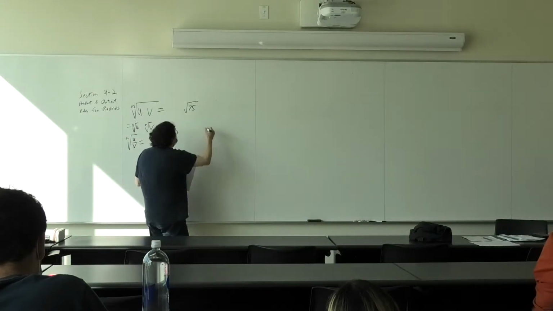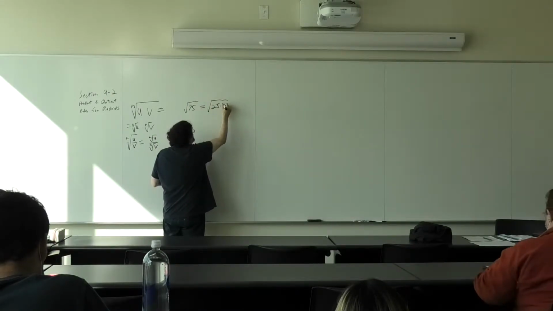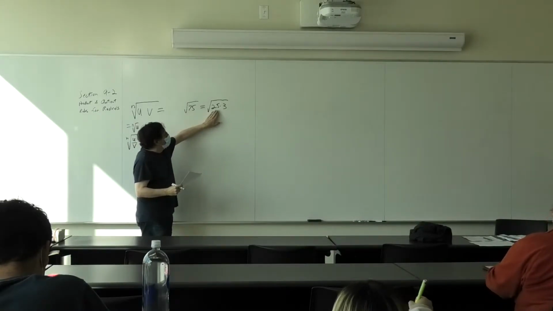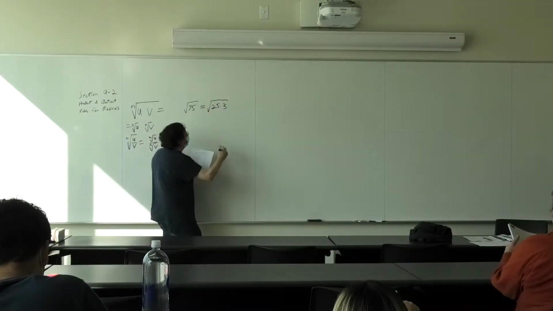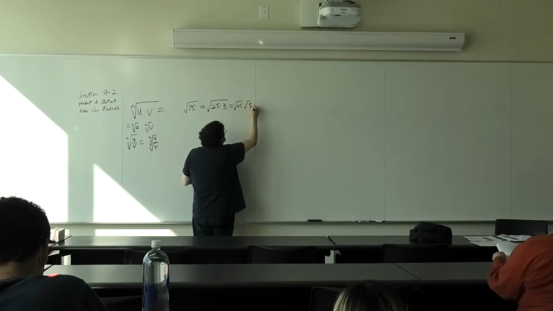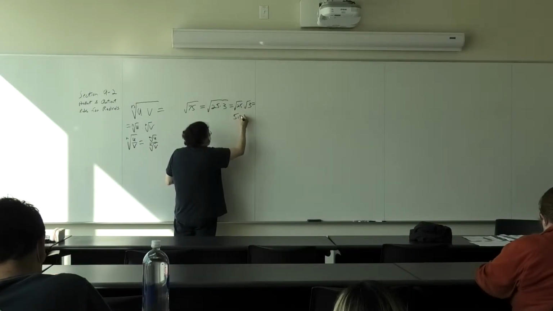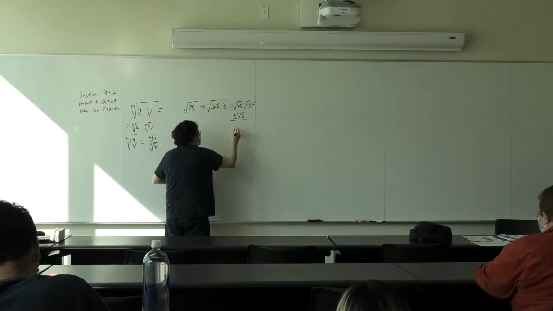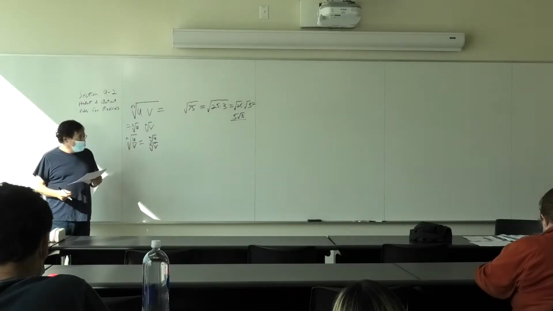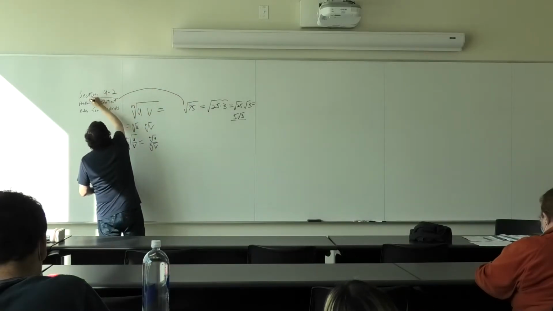Well, I know that 75 is 25 times 3, and I know that 25 is a perfect square. So this is the square root of 25 times the square root of 3. And the square root of 25, of course, is 5. So I just end up with 5 times the square root of 3. It's a nice simplification. This is using the product rule.